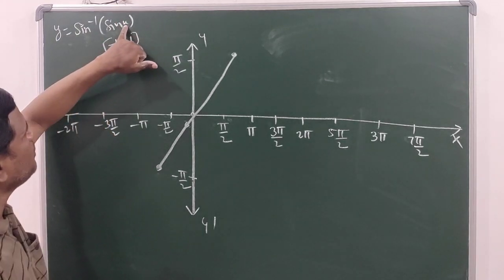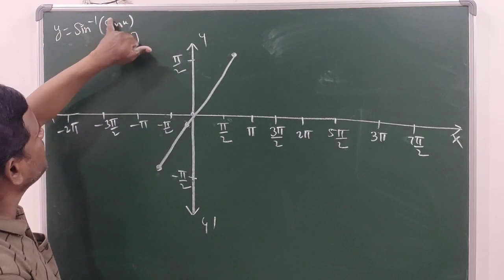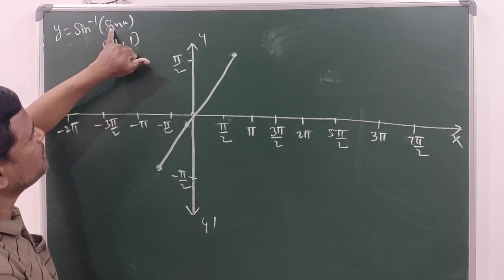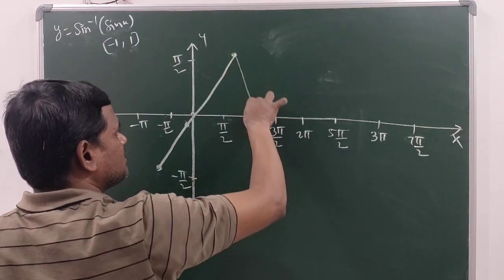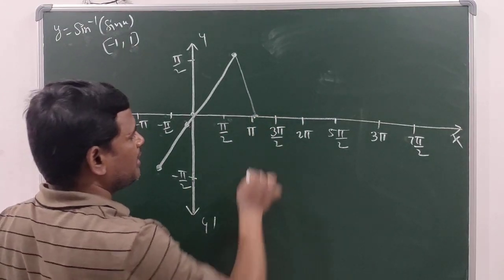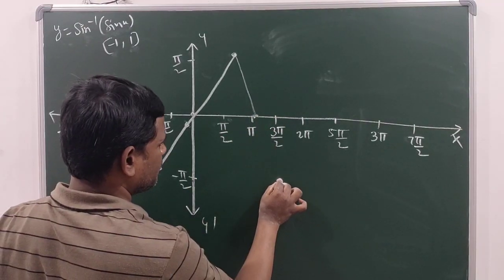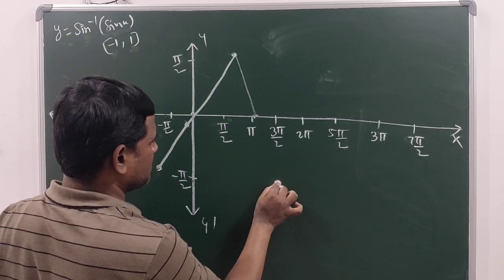So when you put x equal to pi here, sin pi is 0, so inside you got 0. Sin inverse of 0 is 0 only. So you get the graph like this. It intersects at pi, and between 90 to 270 you get it like this.